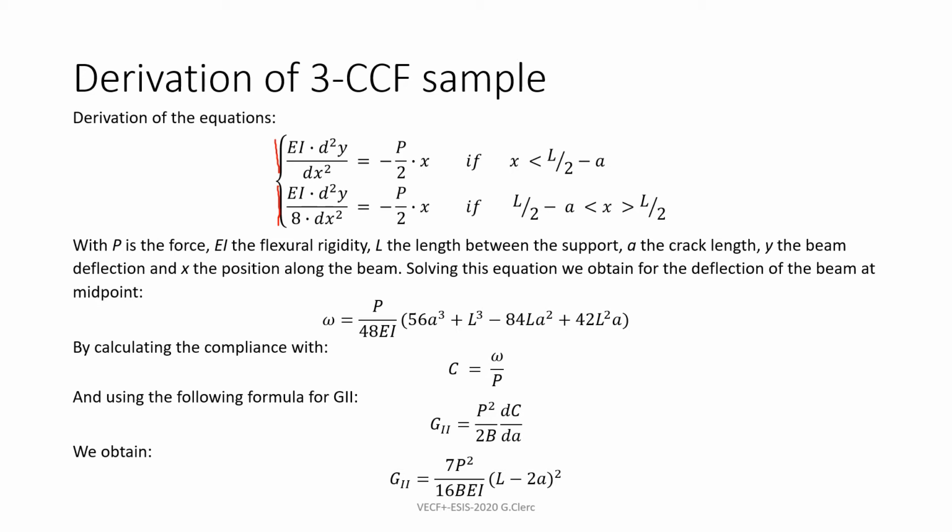Please note this EI over 8 for the cracked section, that's the same factor as for the ENF sample. That's simply the reduction factor due to the crack along the beam, where the flexural rigidity is reduced. And we will discuss this later in the discussion as a possible cause of the difficulty in applying the Euler-Bernoulli equation to this kind of sample.